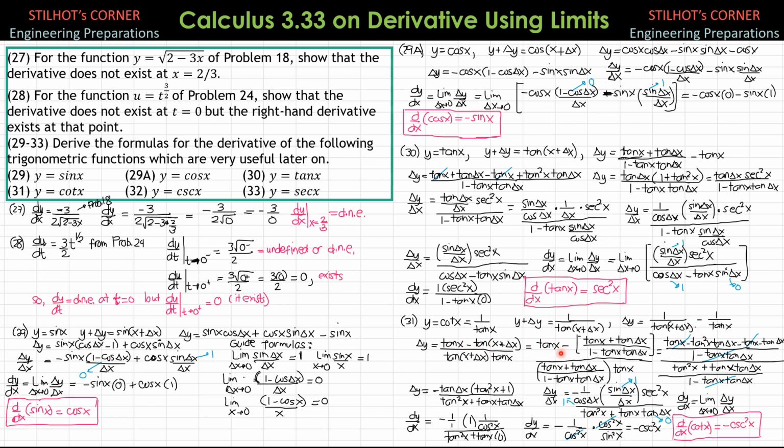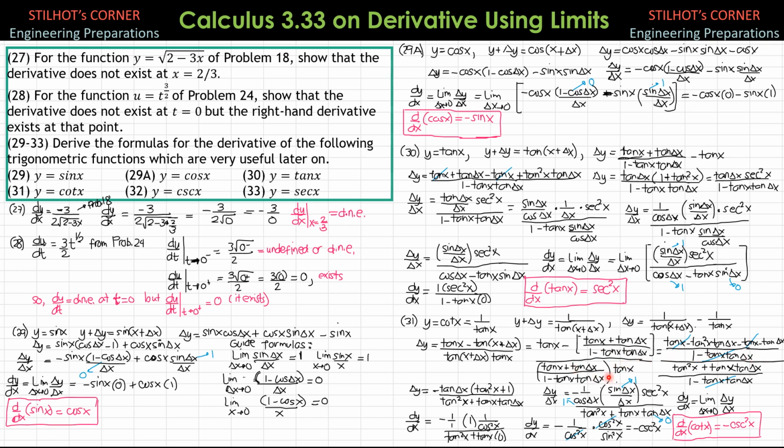Simplifying, we have tangent x. The expansion of tangent of quantity x plus delta x is tangent x plus tangent delta x over 1 minus tangent x tangent delta x, all over the same expansion, then times tangent x. Simplifying, tangent x times 1 minus tangent x tangent delta x is tangent x minus tangent square x tangent of delta x, then minus tangent x minus tangent delta x, all over this denominator.